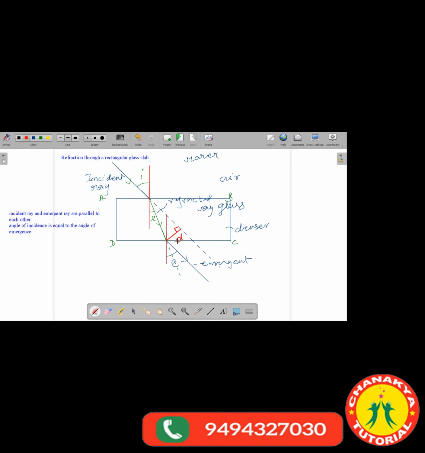The symbol d is the perpendicular distance between the incident ray and the emergent ray, and this perpendicular distance is called the lateral displacement. So what will be the lateral displacement? Let's write down lateral displacement.